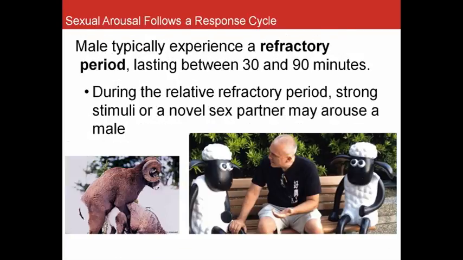So what they found is that when males typically have sex, they go through a refractory period, a period of time where they can't engage in sex again. However, women don't experience that. They can continue to have sex, have multiple partners. Well, what they found is that the refractory period could largely be eliminated if you swap partners out.